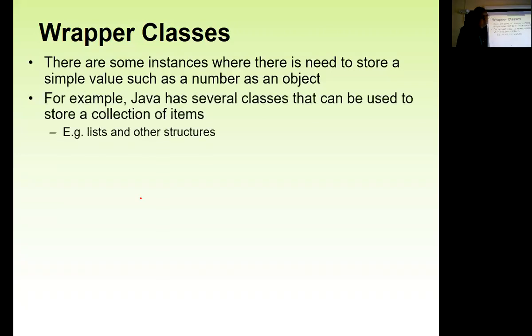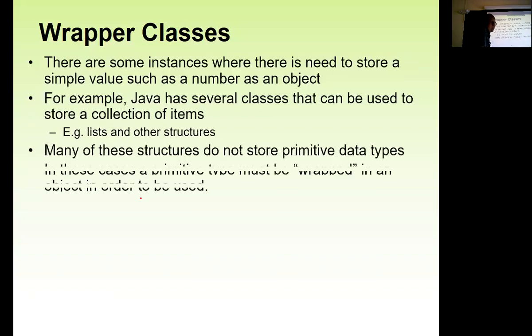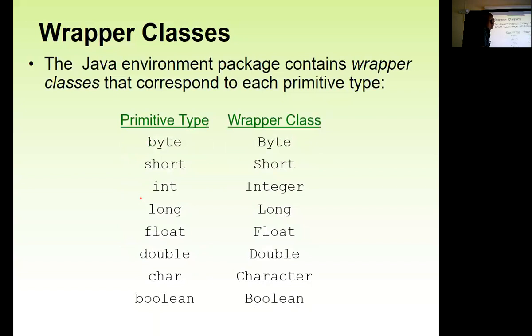For example, Java has several classes that can be used to store a collection of items, and as I was telling you, many of these structures do not store primitive types, so we have to wrap them in the object type. Those object types are what we call wrapper classes. For example, the primitive type byte has a wrapper class which starts with an uppercase B, Byte.